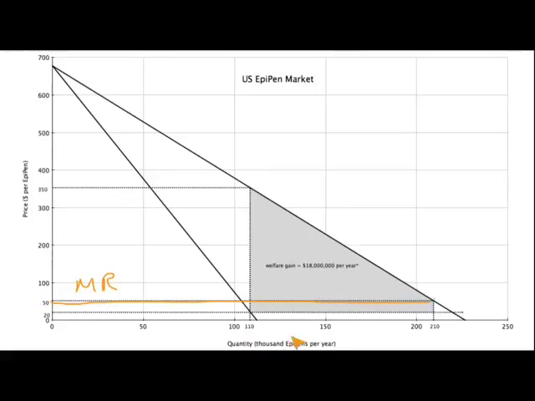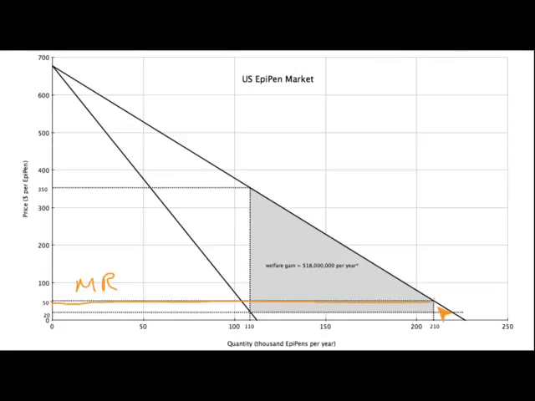Notice that this is thousands. So this triangle is 15 million per year. And then there is some producer surplus because $50 is higher than the $20 marginal cost. And that's 100 times 30, another 3 million in surplus. So 15 million plus 3 million, 18 million per year.